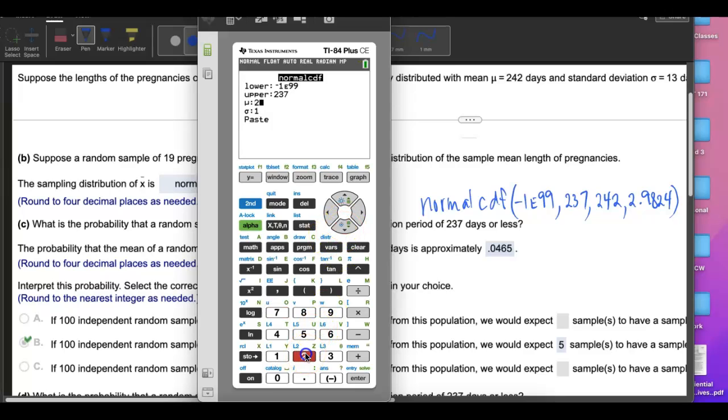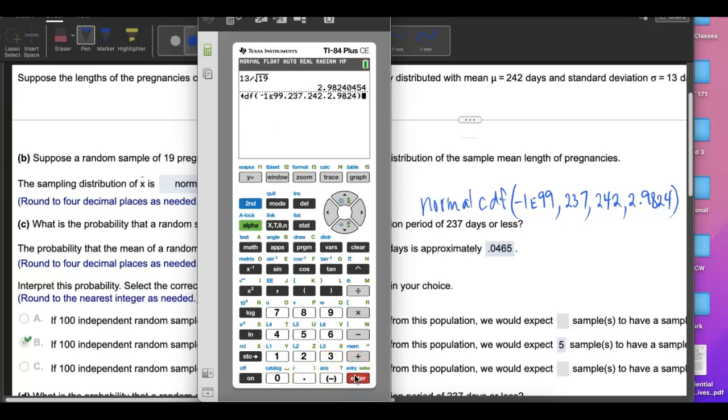For the mean, we have 242, but the standard deviation of this sampling distribution of x bar, what we just calculated, is now 2.9824.